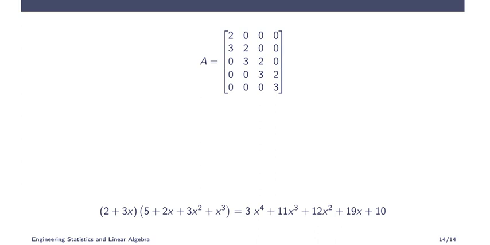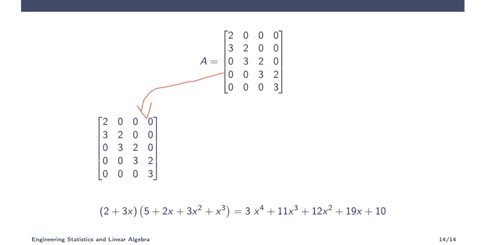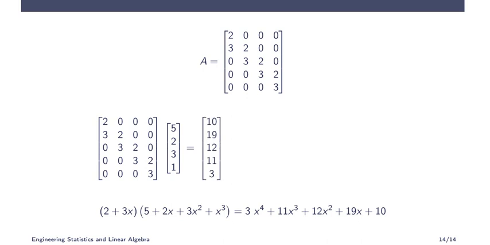Now if you multiply 2 plus 3x with 5 plus 2x, you will get this equation. We will see this as a linear transformation, whether we are getting the same using matrix multiplication. So we will do that. Here we will take A as the same, and x is nothing but 5 2 3 1, so multiply this: 2 into 5 plus 0 into everything becomes 10, then 3 into 5 is 15 plus 2 into 2 is 4, so 19, then 6 plus 6 is 12, and 9 plus 2 is 11, and here it will be 3 into 1, that will be 3.